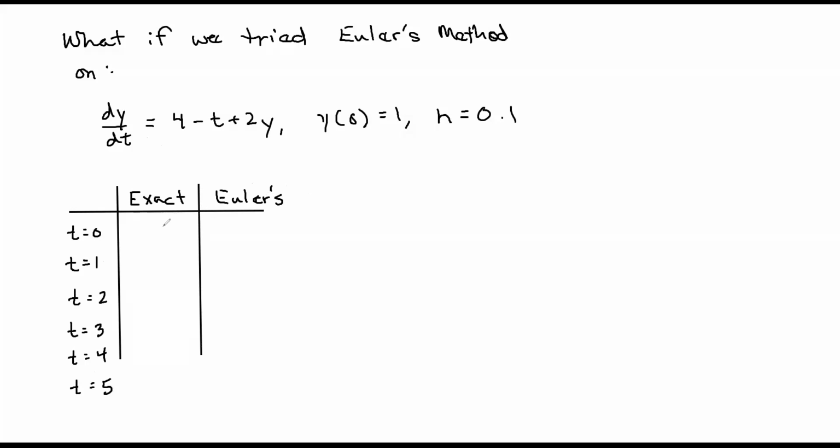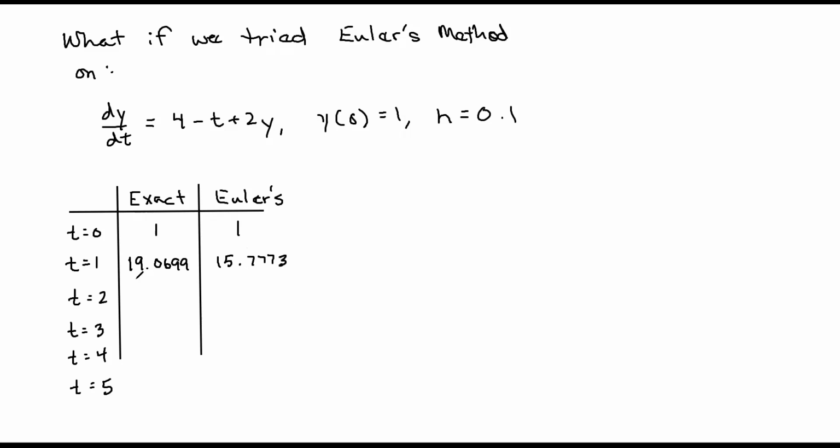So the exact solution: we're starting at t equals 0 with y equal to 1. Then at t equals 1, the exact solution would be 19.0699. Euler's method produces 15.777.